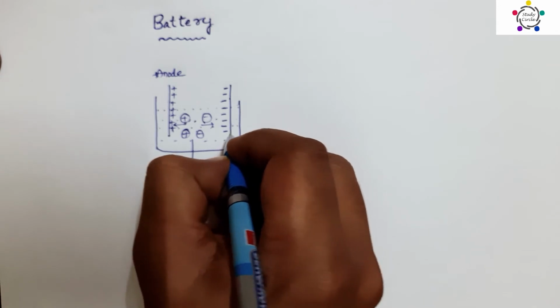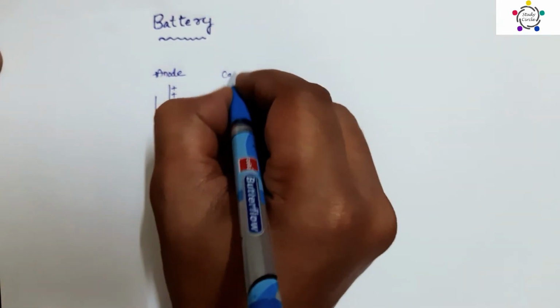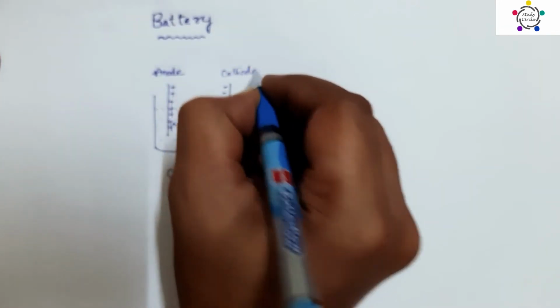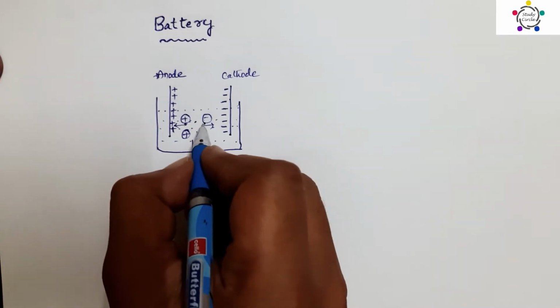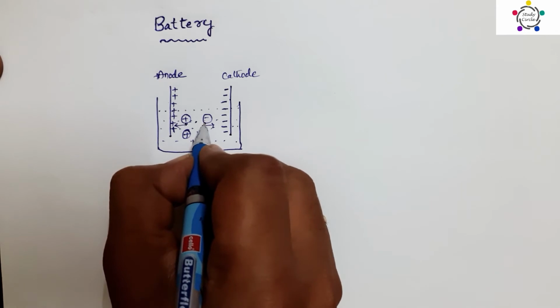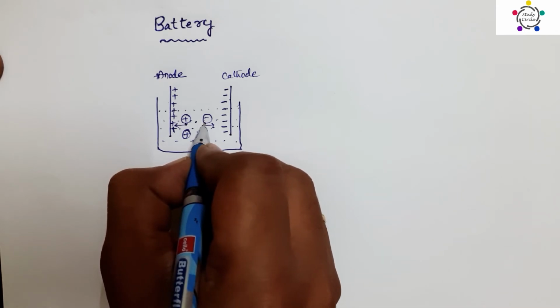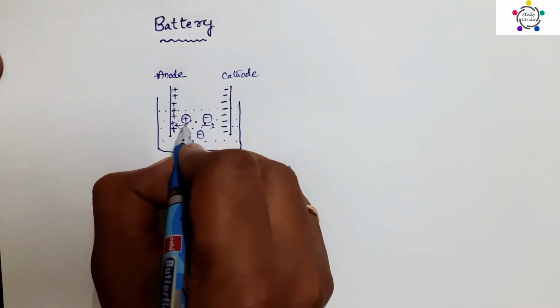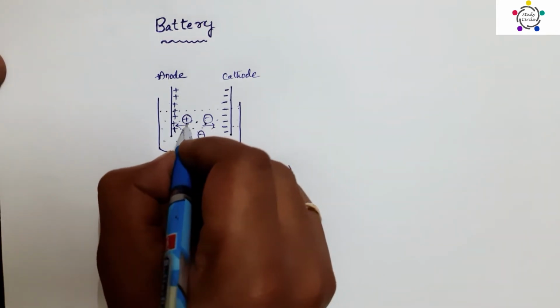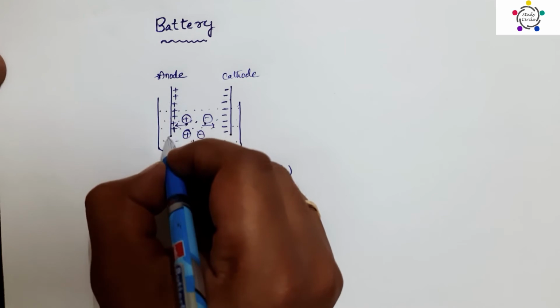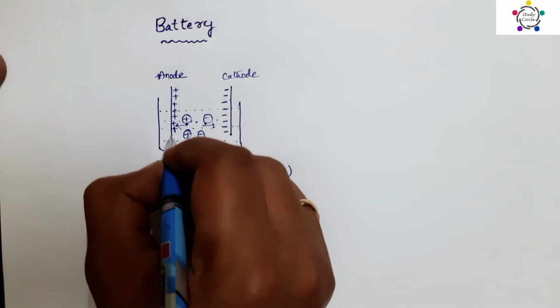This electrode is called cathode. The direction of negative ions is opposite to that of the positive ions. This accumulation of charges continues till the electrodes are sufficiently charged.